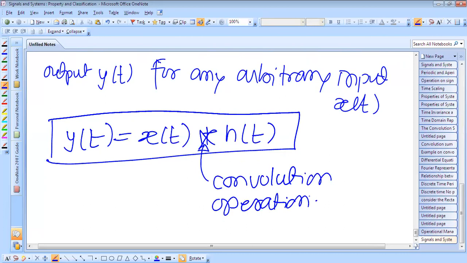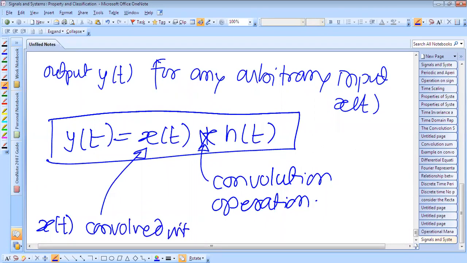So this is the convolution operation. And x of t is convolved with h of t.